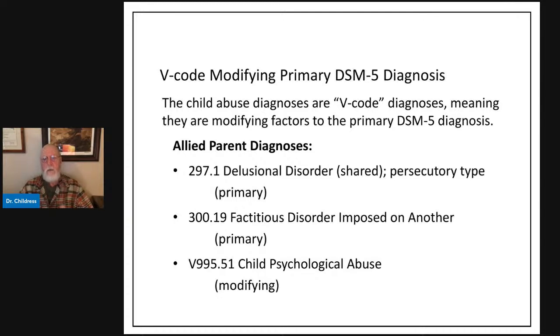Then the child abuse diagnosis, child psychological abuse, would be added to those as a modifying diagnosis because creating a delusional thought disorder in the child that then destroys the child's attachment bond to the other parent, the factitious attachment disorder, is either one of those or both of those would represent child psychological abuse.